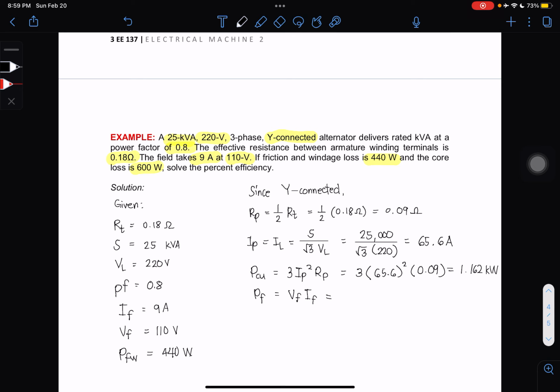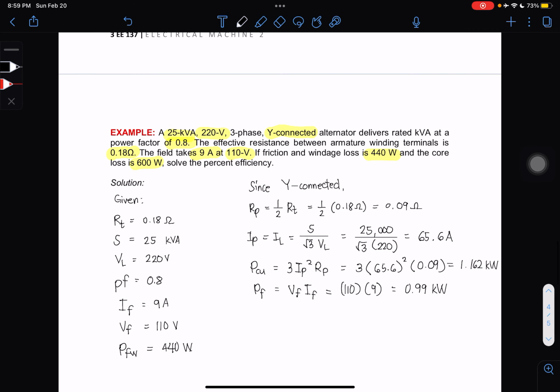So we have here 110 multiply by 9 amperes. So our PF will be 0.99 kilowatts. So I converted it to kilowatts so it is easier to solve. I made everything the same so we won't get confused once we use them.